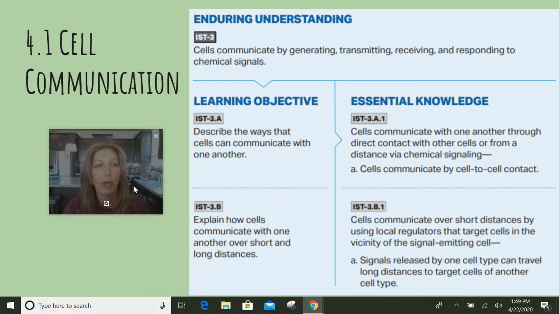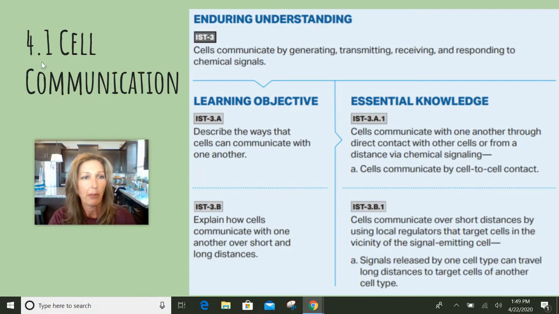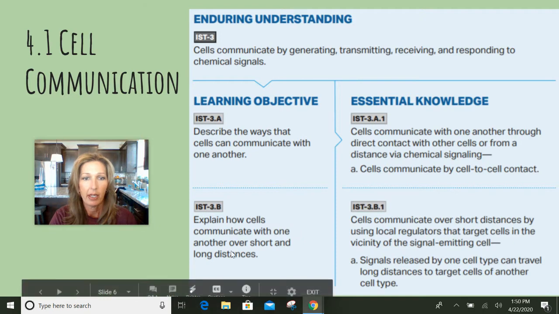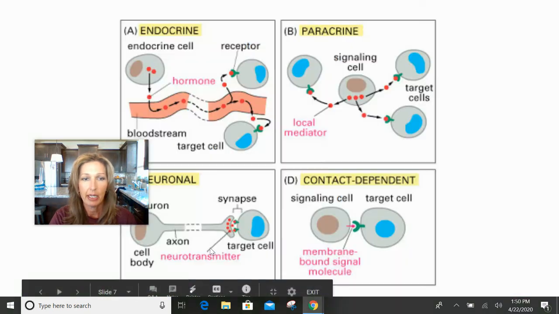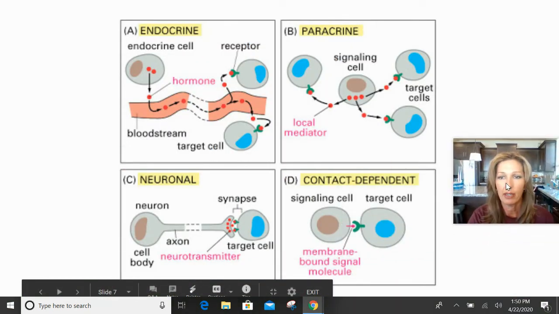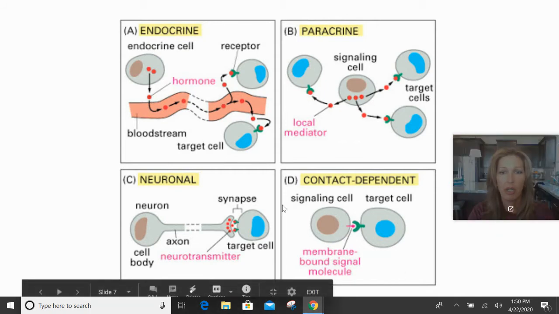So when it comes to first topic 4.1 on cell communication, the ways that cells can communicate with each other is through chemical signaling, long distance, short distance, cell-to-cell contact. But with this, and here's just a diagram that helps you remember, here's contact-dependent cell-to-cell communication.